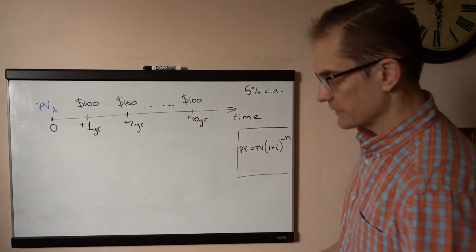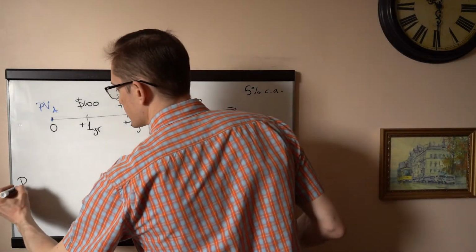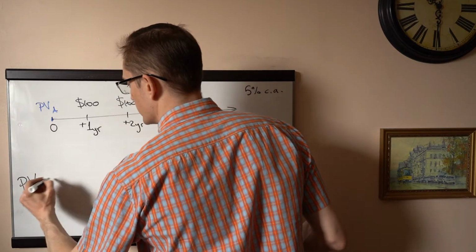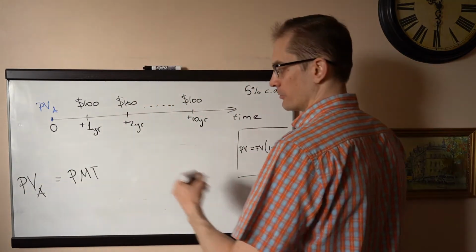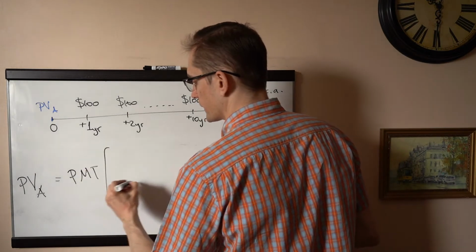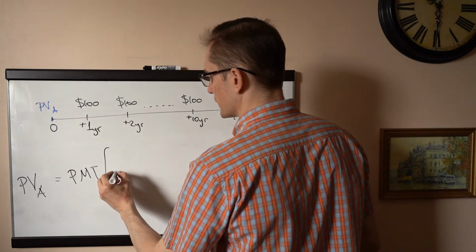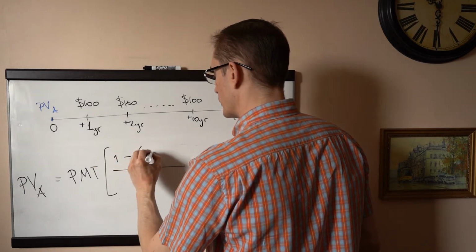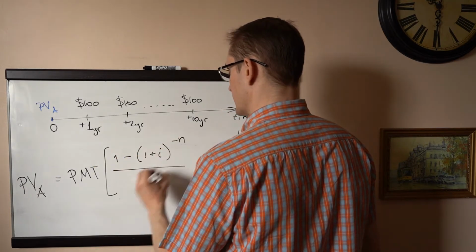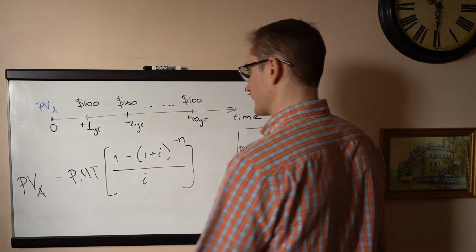So this formula is: present value of annuity is equal to PMT, which is payment. The same thing, it will be $100 later on, right? It will be 1 minus (1 plus i) to the power of minus n, over i. Okay.